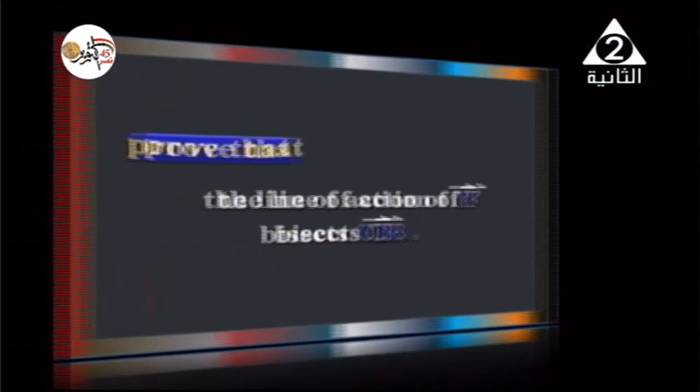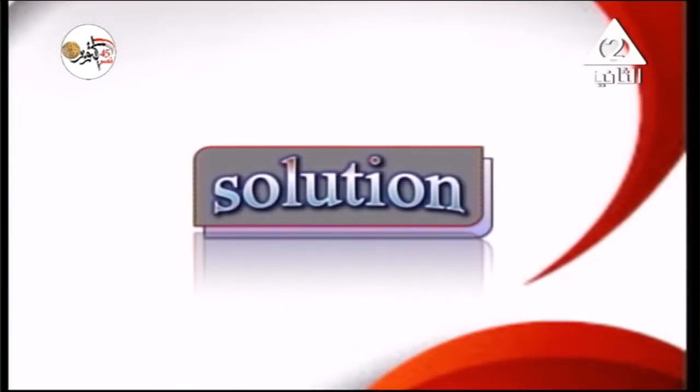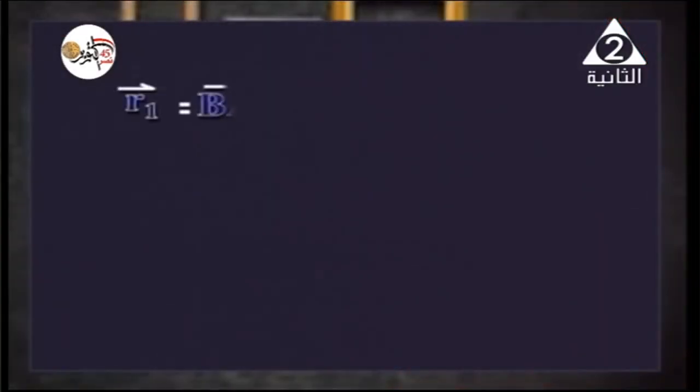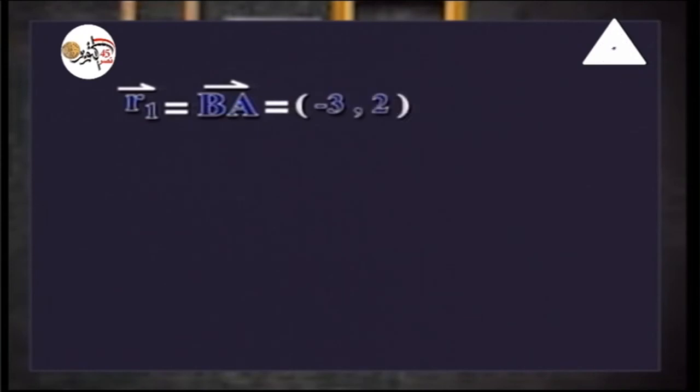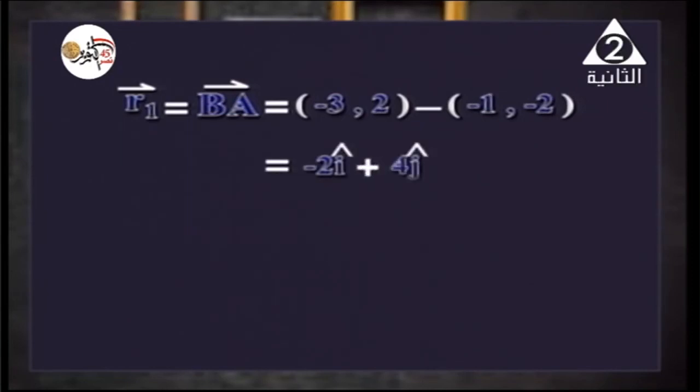My dear student, look at the solution. R1, the position vector of the point B, equals BA, which is A minus B: (-3, 2) minus (-1, -2). The answer is negative 2i vector plus 4j vector.